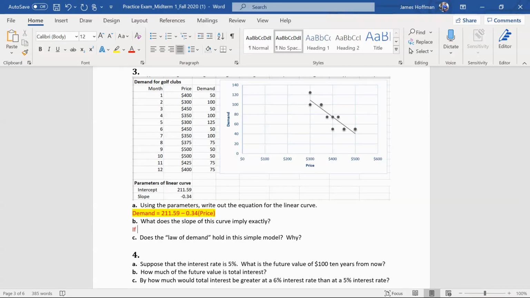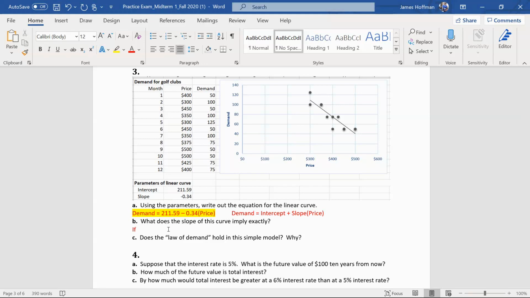Professor, is it just minus 34 or is it minus negative 0.34? It's minus 0.34. You could add the negative 0.34, but don't minus the minus, because then that would be a positive, right? The general form is demand equals intercept plus slope times price, but because the slope is negative, you want to make sure it gives you the negative effect.